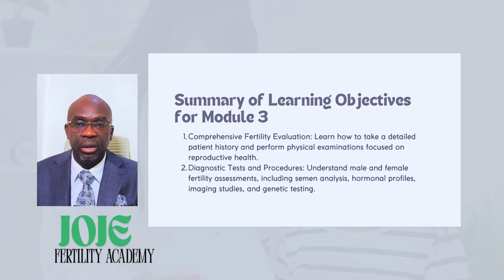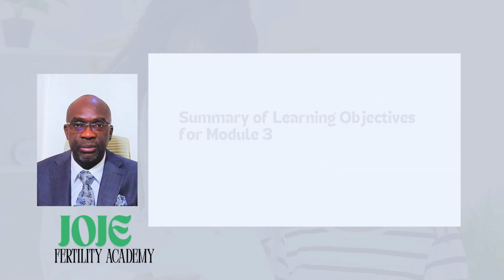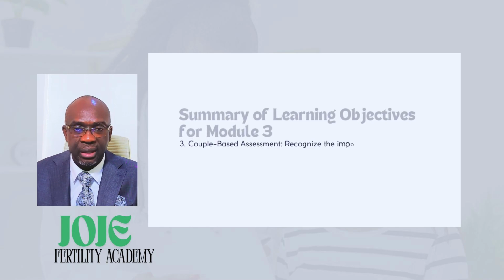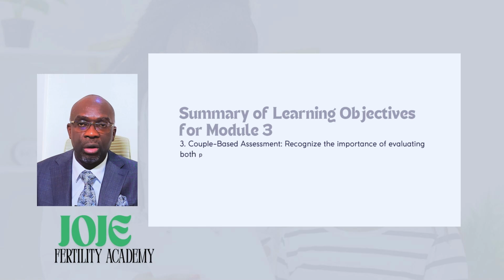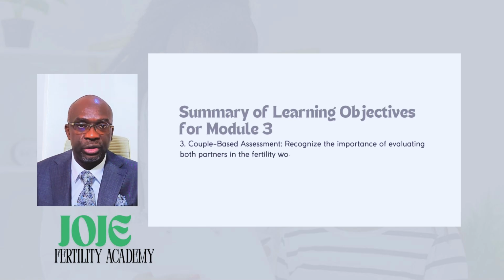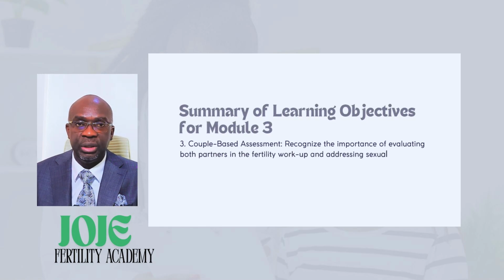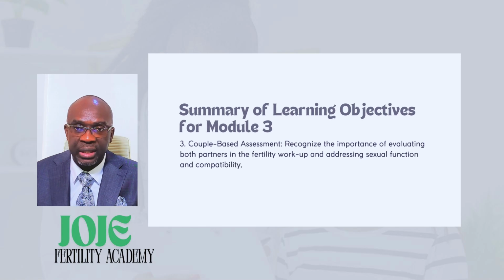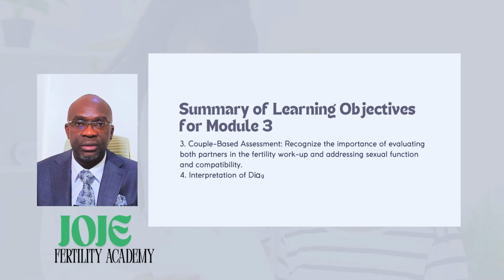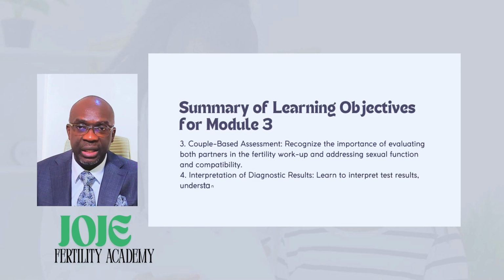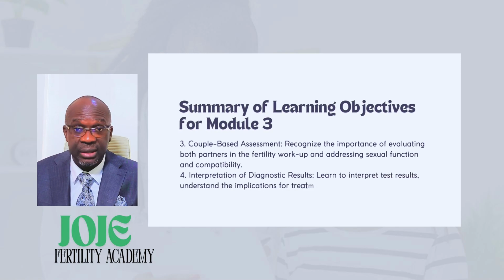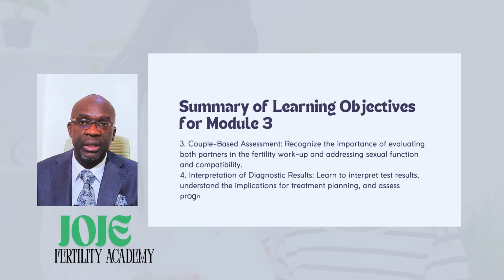Number 3, under the couple-based assessment, to recognize the importance of evaluating both partners in the fertility workup and addressing sexual functions and compatibility. And lastly, under interpretation of diagnostic results, to learn to interpret test results, understand the implications for treatment planning, and assess prognosis.